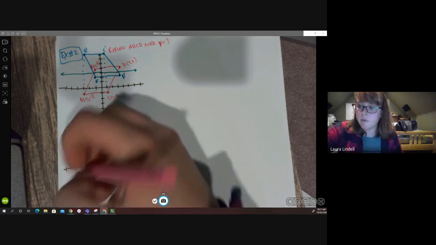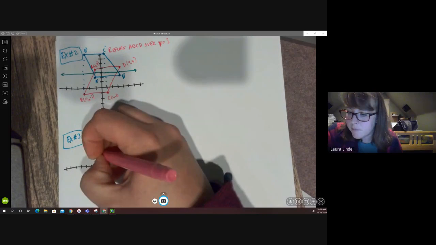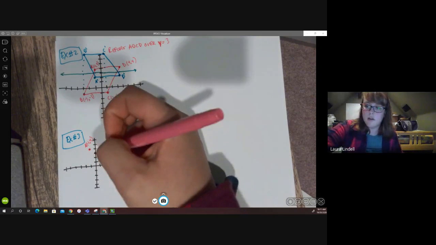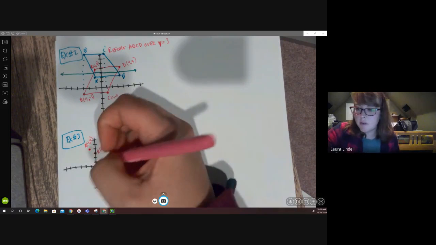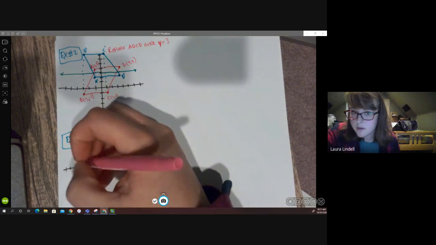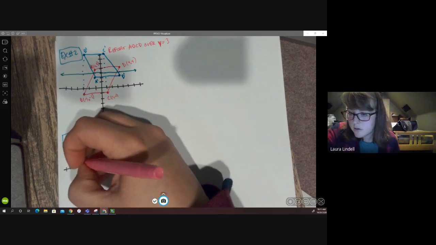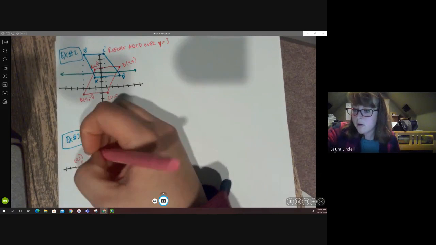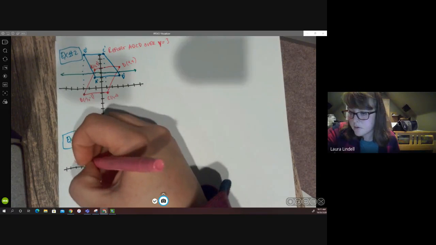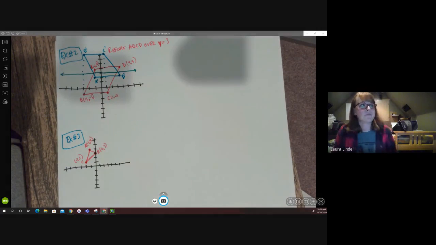Point B is going to be over 0, up 3. And point C is going to be over -2, up 1. There's our original shape.